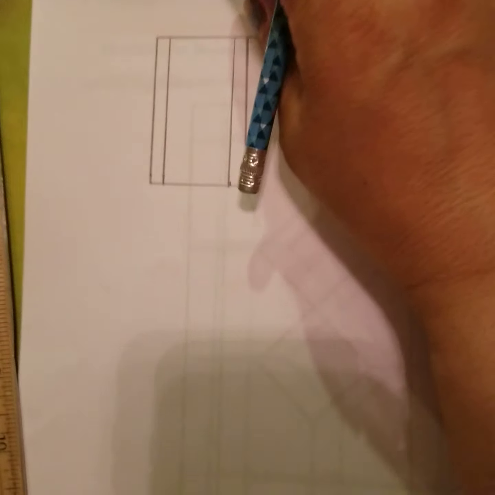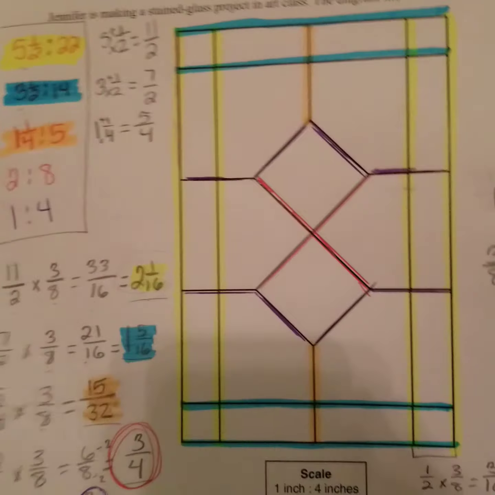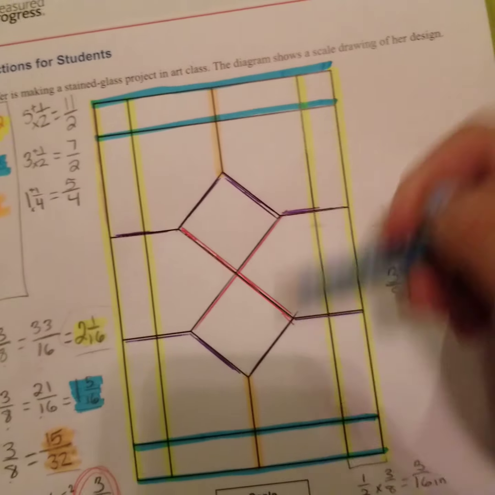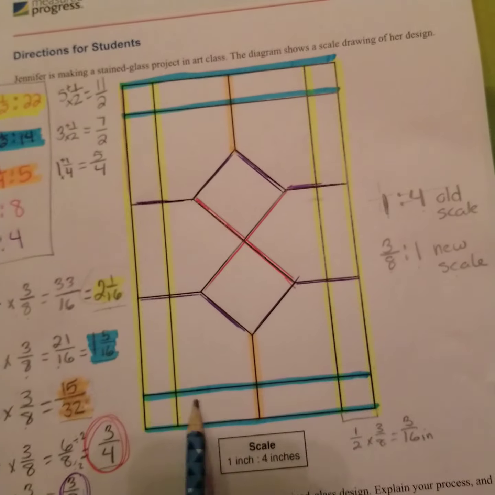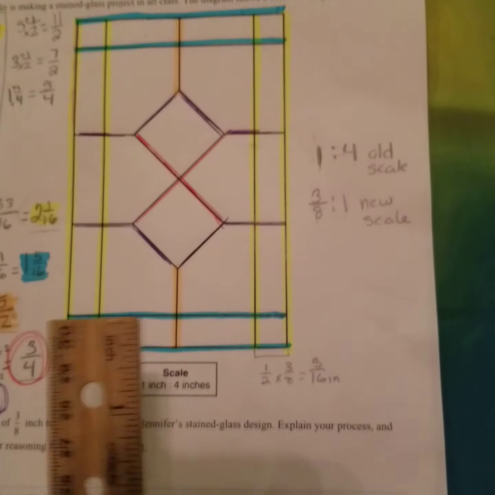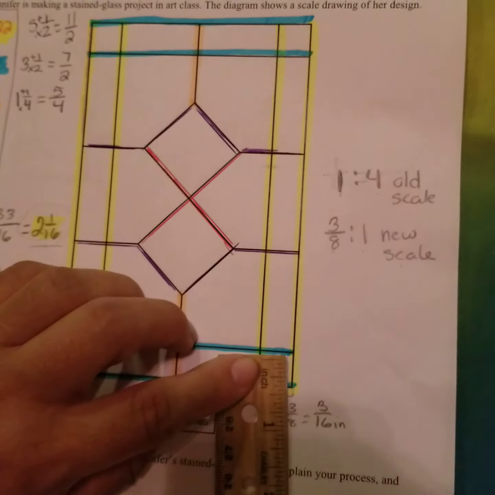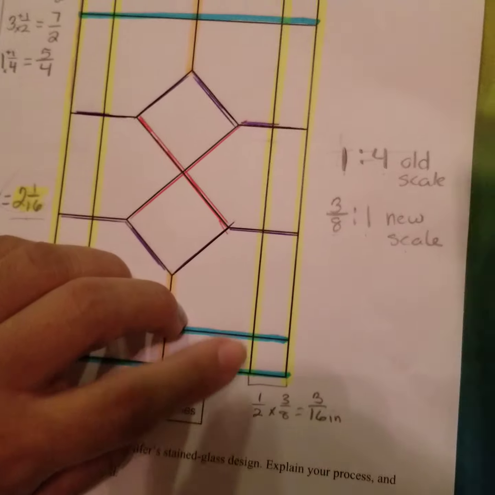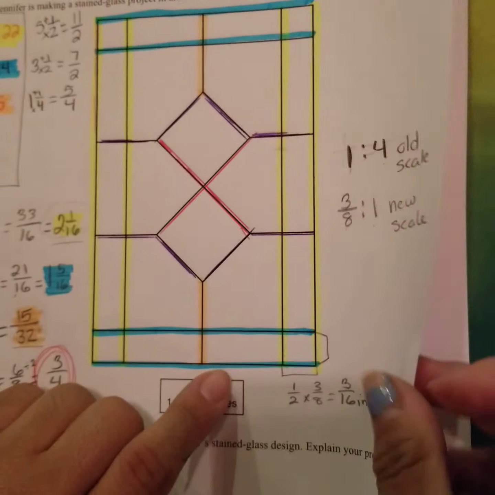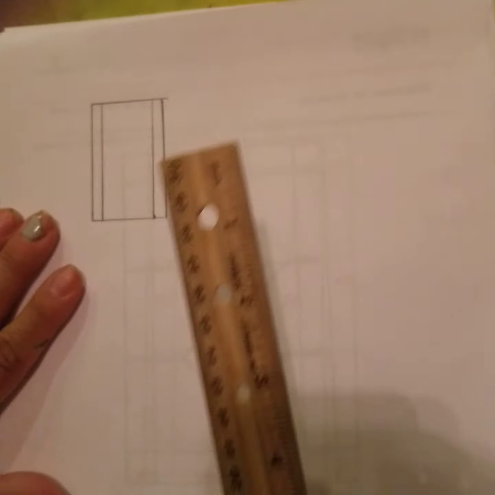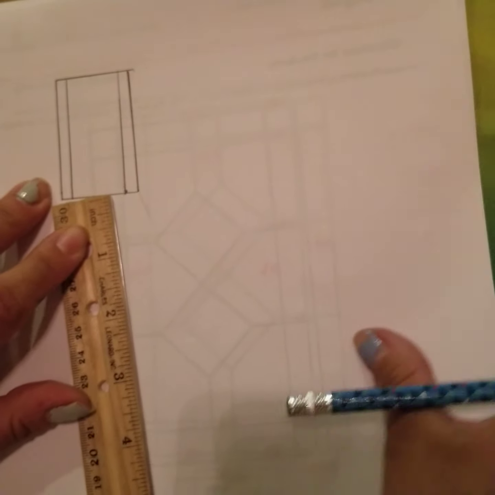Okay? So now I have my yellow lines drawn and one blue line. So now I'm going to do the same thing to figure out what this blue line is. And my guess is it's also 1/2 inch, which it is. So this would be 3/16 of an inch too. So we go 3/16 of an inch.